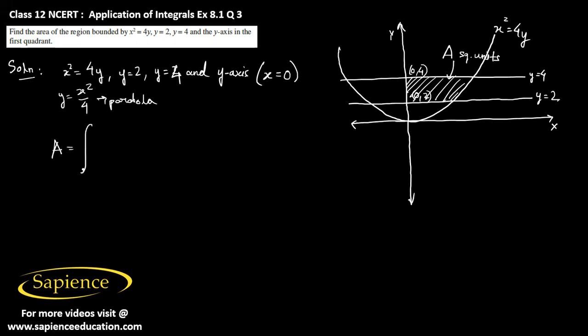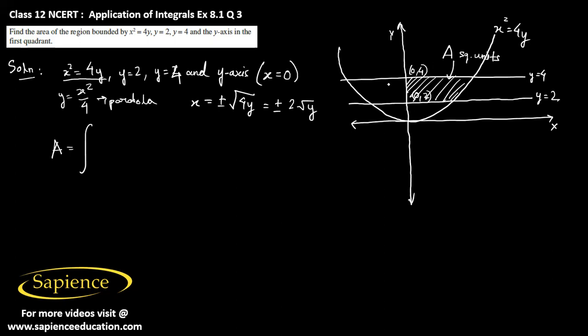That will be simply the integration of, so here x square is 4y. So actually we can find x. If we take the square root on both sides in this equation, then we will get x equals plus minus root over 4y. Okay, so it means we can get plus minus 2 root y.